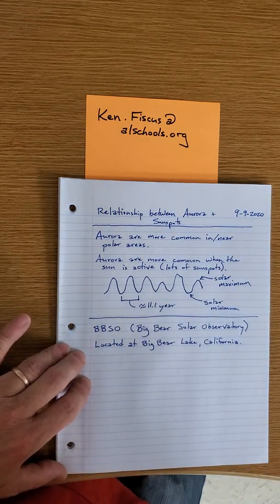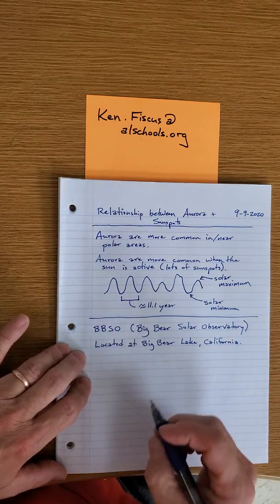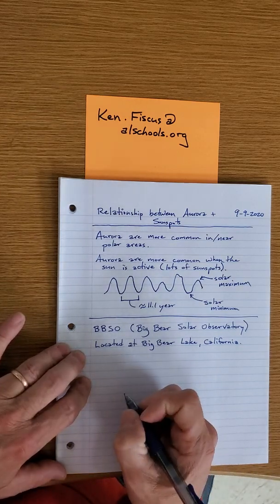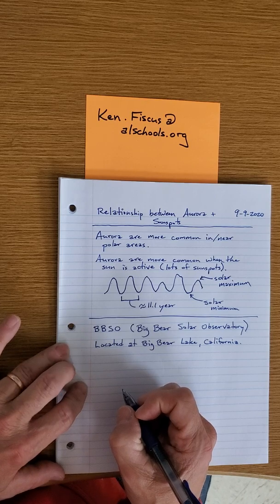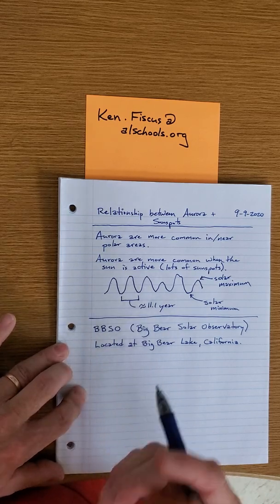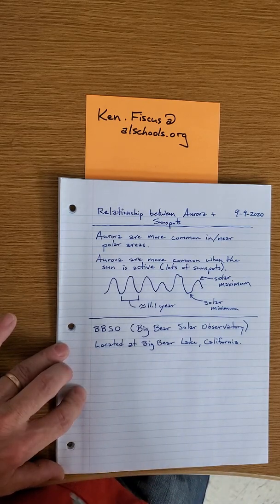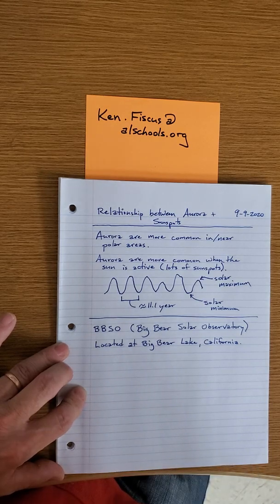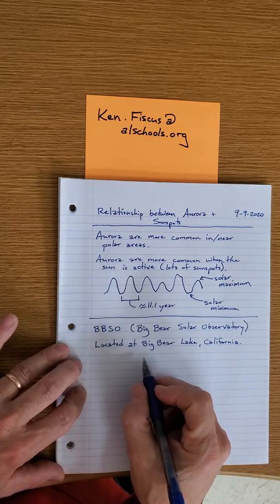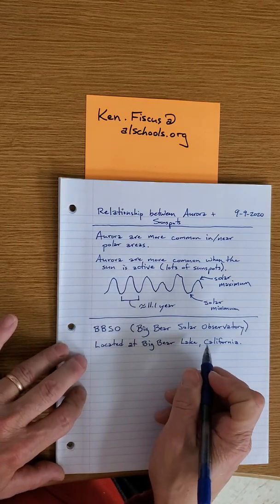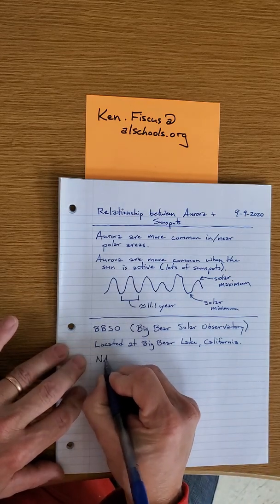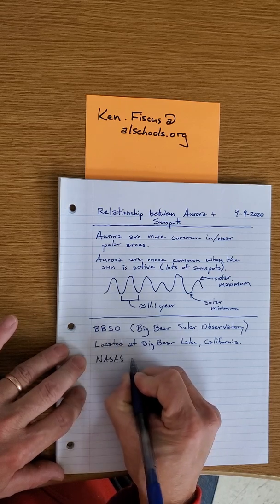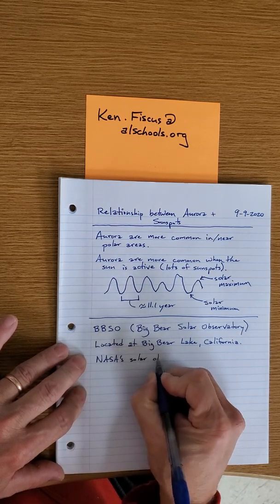When NASA was looking for a place that it could have very clear views of the sun, they wanted a place where they could get rid of as many heat waves as possible, the stuff that makes the air unsteady and hard to look at the sun and get a clearer view. Okay, they found a great place in California. This is NASA's Solar Observatory.